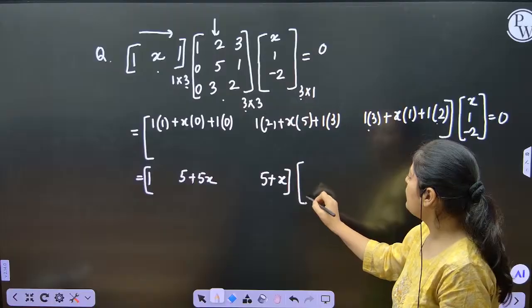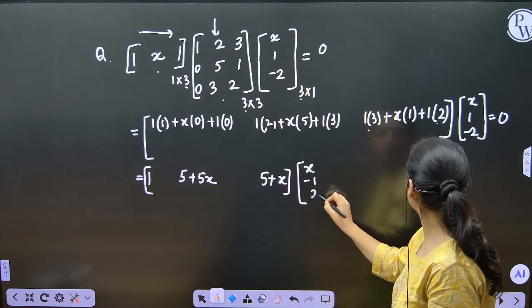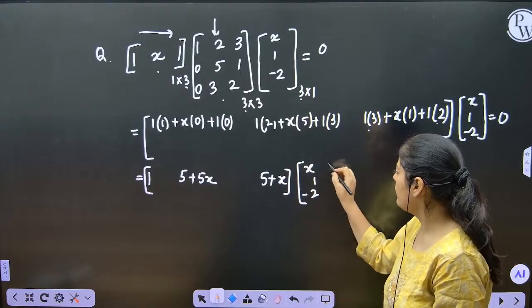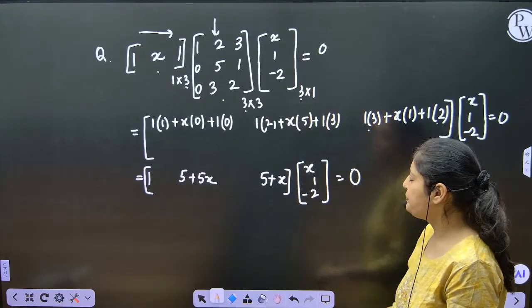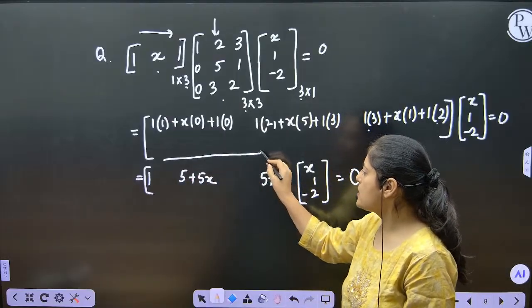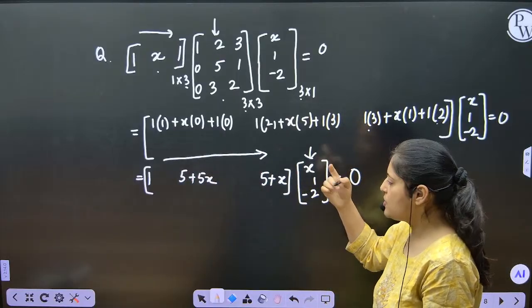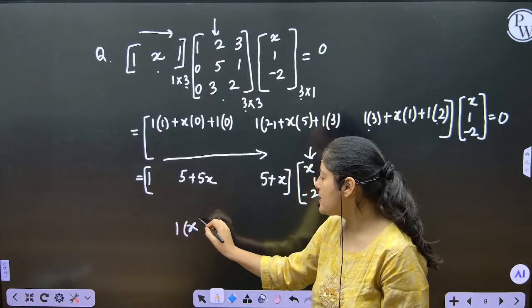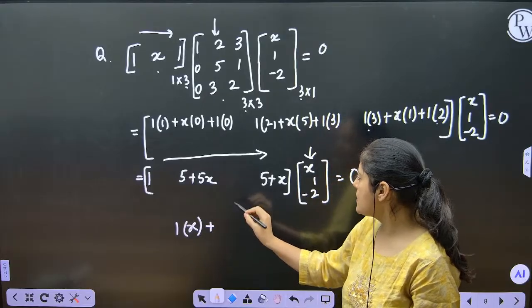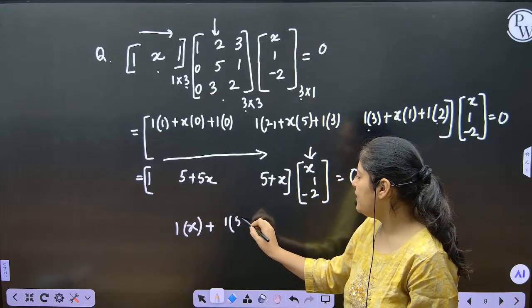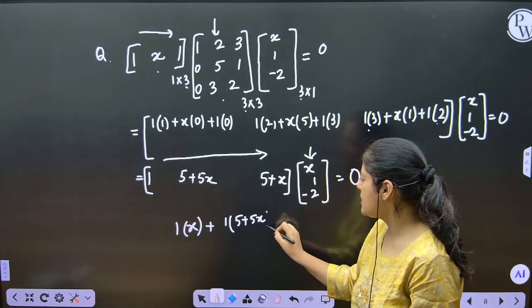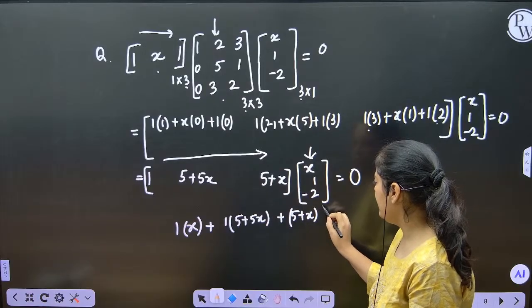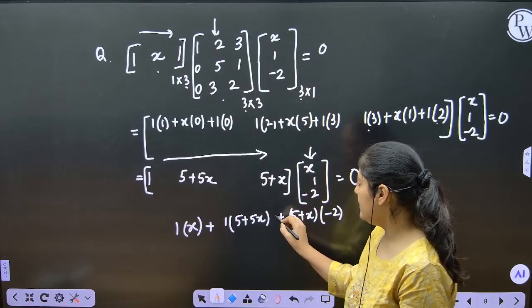Alright, and this I have to multiply with the matrix [x 1 -2]. It is 0. Again the first row will be multiplied with the first column only. So 1 into x as it is, plus 1 into 5 plus 5x, plus 5 plus x will be multiplied with minus 2.